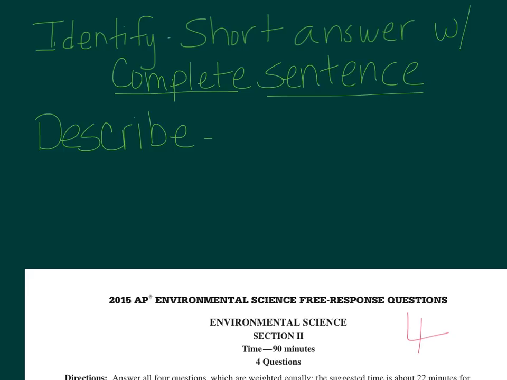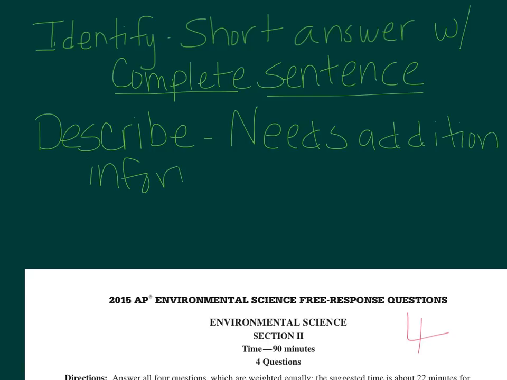And so if they're asking you to describe, what they're asking for is additional information. And this is not a huge paragraph. It's usually 1 to 2 complex sentences.